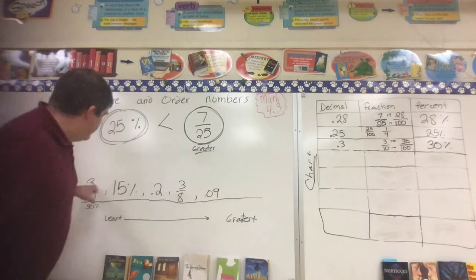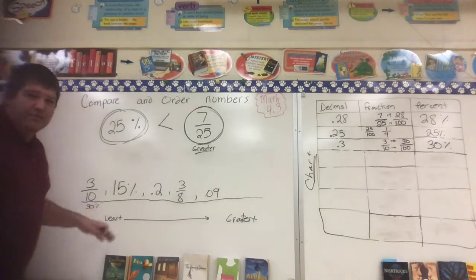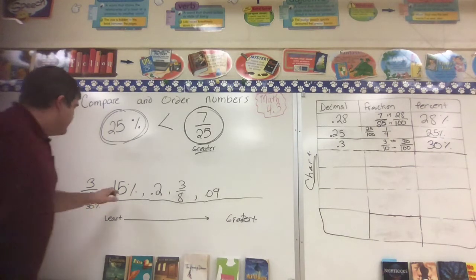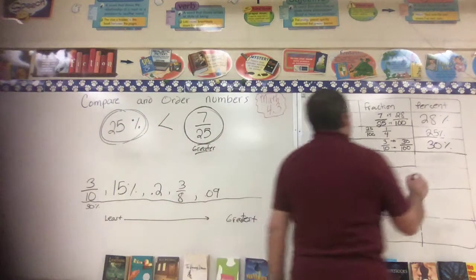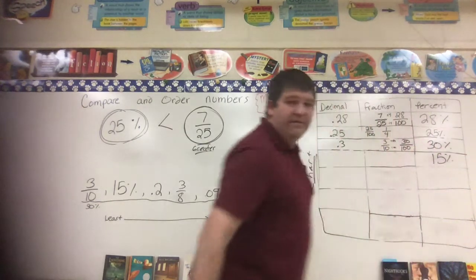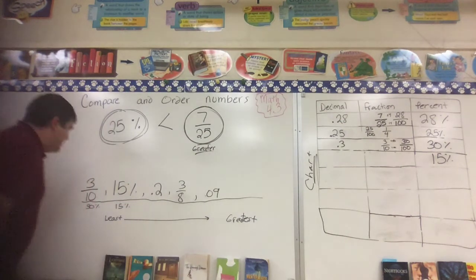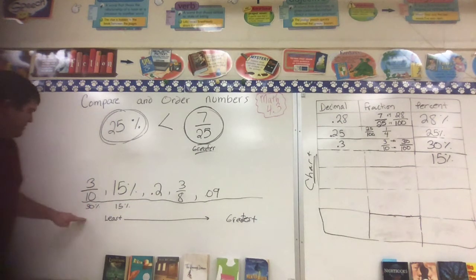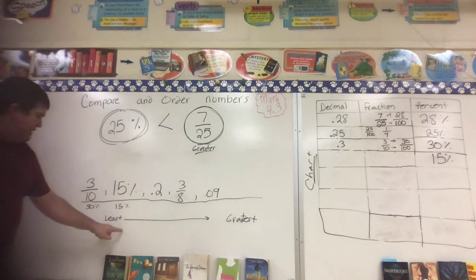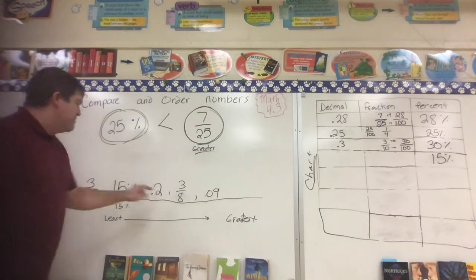I'm going to order these numbers using the original numbers, but this is going to help me to know which one's bigger, which one's smaller. So let's do 15%. Oh, you know what? I don't even have to do that because it's already a percent. 15%. So right now, if I just have these two, I know that 15% is smaller than 3/10 because that's 30%. So the 30% is going to go that way. But let's do 0.2.